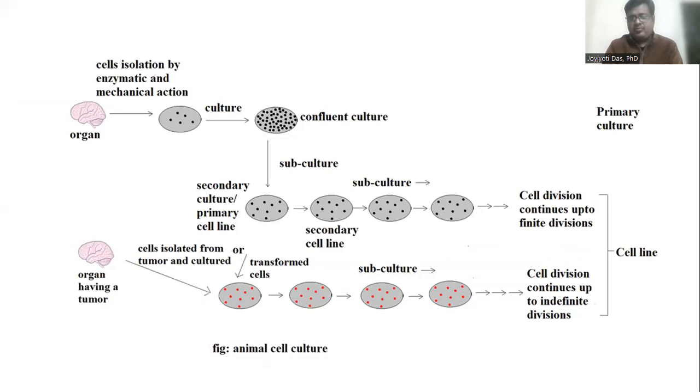And we spoke about the various definitions of a primary culture, secondary culture, subculture, and we ended with the discussion that when you are culturing cells from healthy normal tissue, then those cells will stay for a definite number of divisions in your artificial culture.